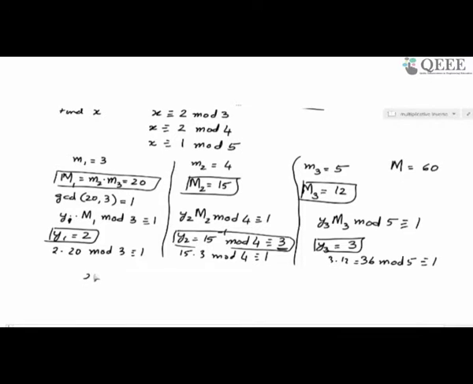By the Chinese remainder theorem, x will be a1 y1 M1 plus a2 y2 M2 plus a3 y3 M3, the entire thing mod 60.